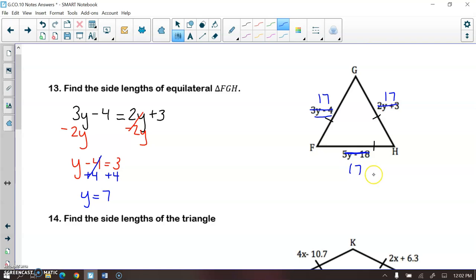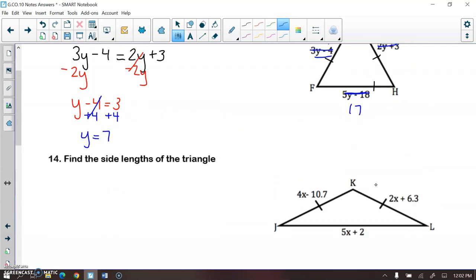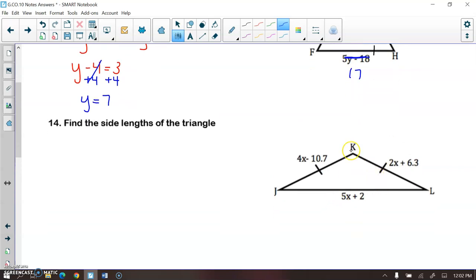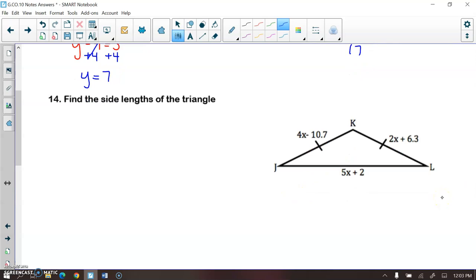All right, next one says to find the side lengths of the triangle. Given that this is an isosceles triangle, since it's isosceles, I'm going to set my two equal sides equal to one another. And I'm going to solve for x.